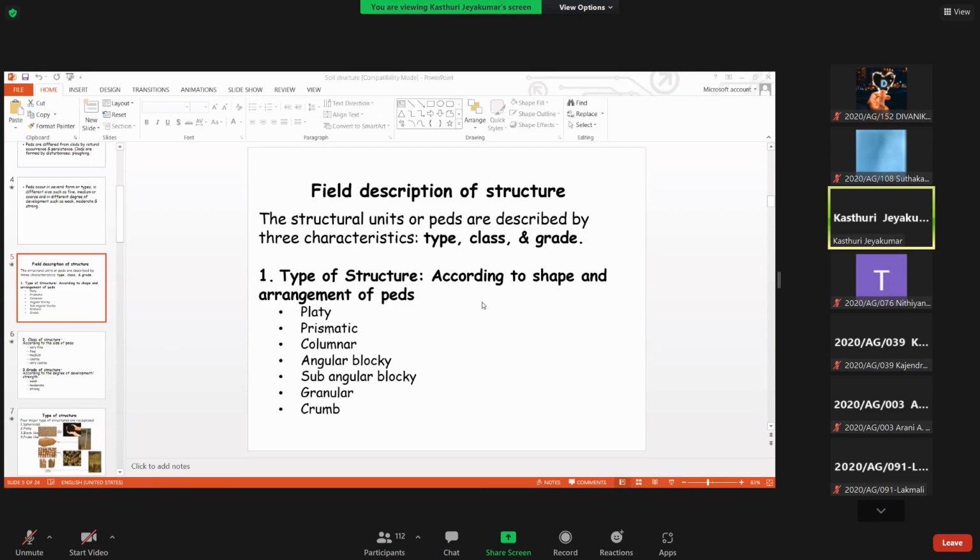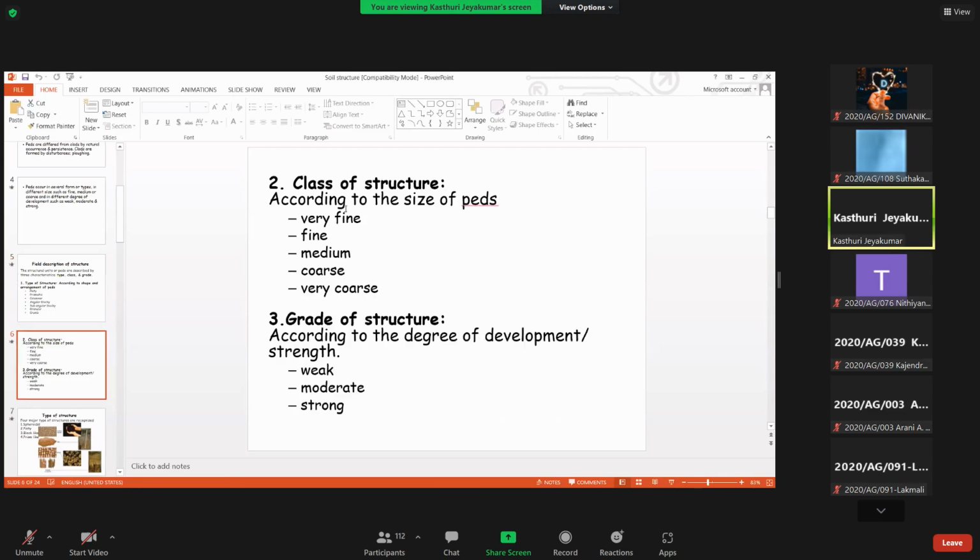The first classification is based on type of structure according to shape and arrangement of peds. The second classification is based on class of structure according to size of peds. Surely you will get this question, okay?